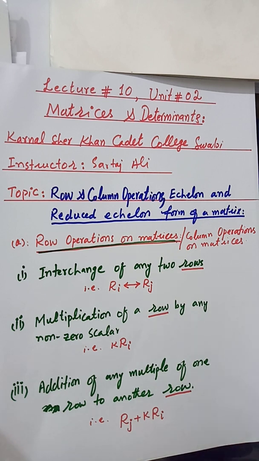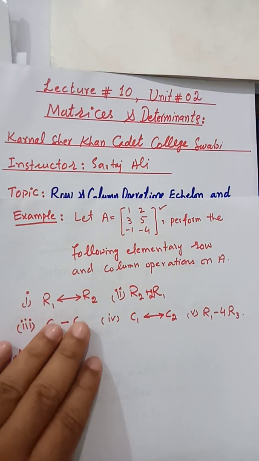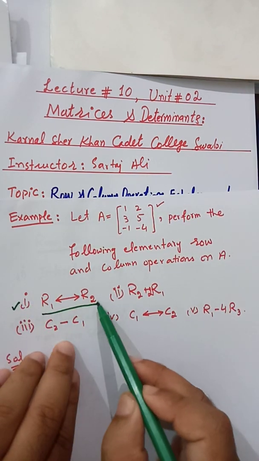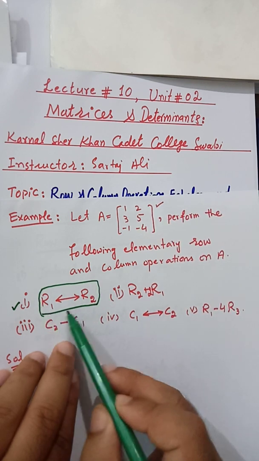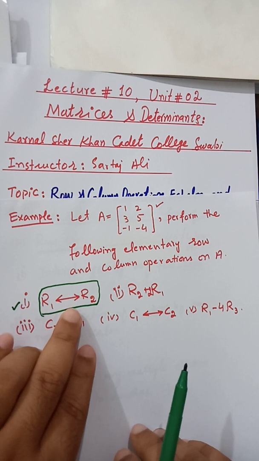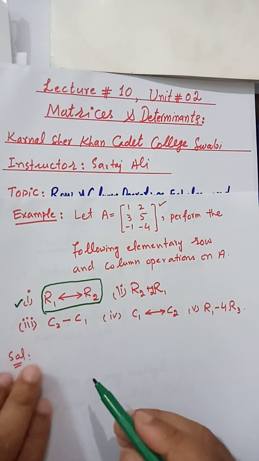Let's consider an example. First I am interchanging R1 and R2. This symbolic representation means that you are required to interchange row 1 and row 2 of the given matrix.